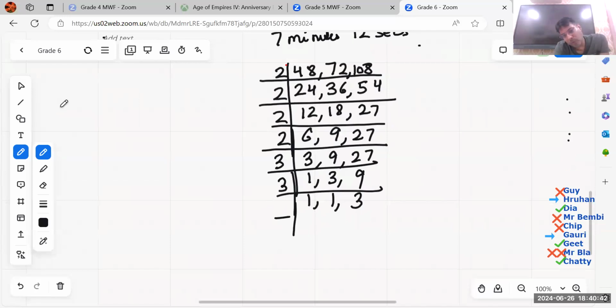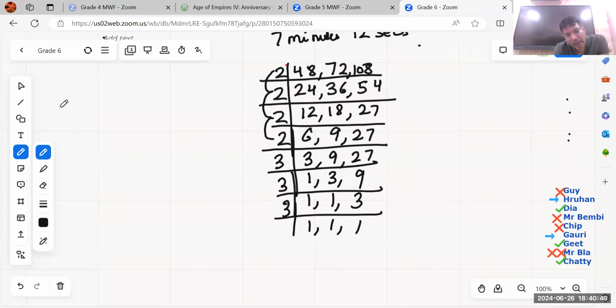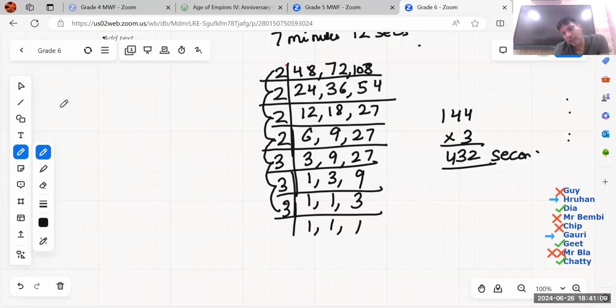Then again with one more 3. 1, 1, 1. So 2 2s are 4, 4 2s are 8, 8 2s are 16, 16 3s are 48, 48 3s are 144, 144 3s are 432. So 432 seconds. So you divide by 60.